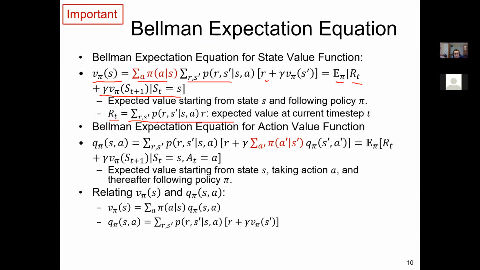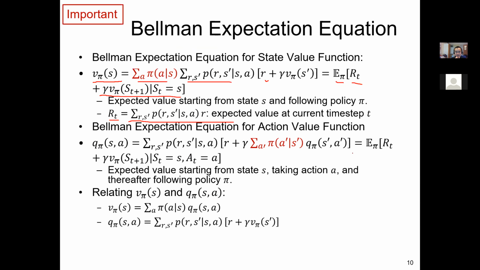And then you have the Bellman expectation equation for the action value function, that is Q pi (s, a). That is the expected value starting from state s, taking action a, and then thereafter following policy pi. So you take action a, and then you follow pi.